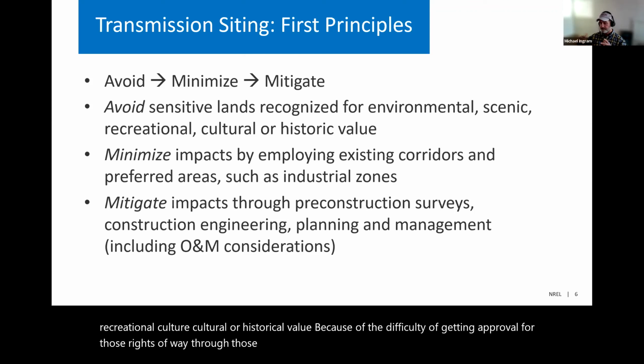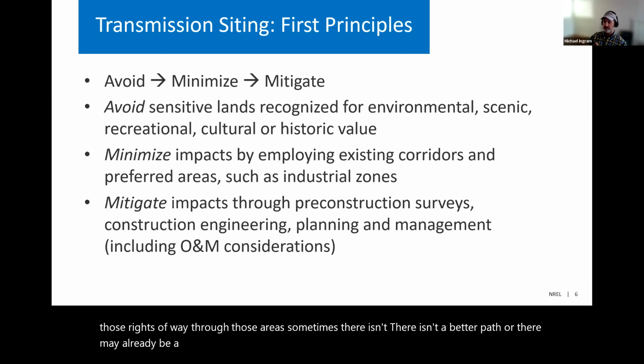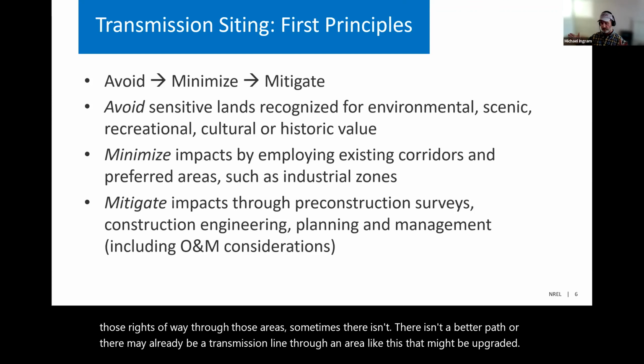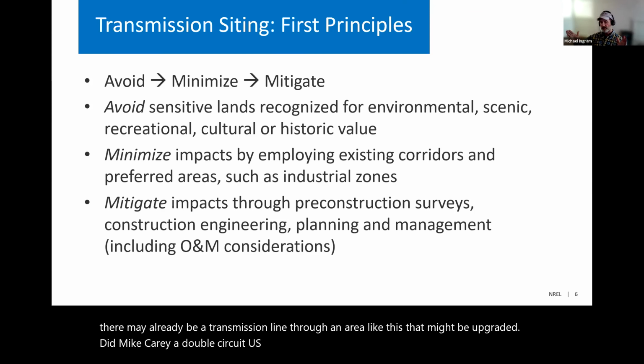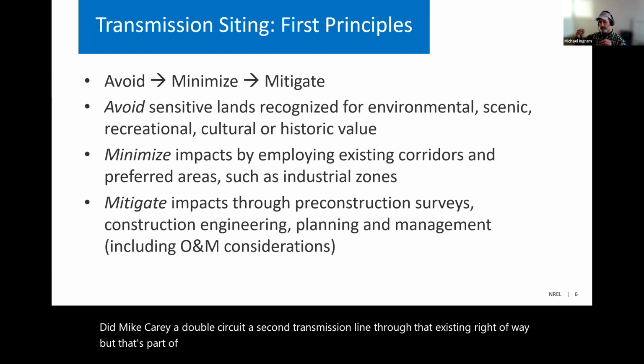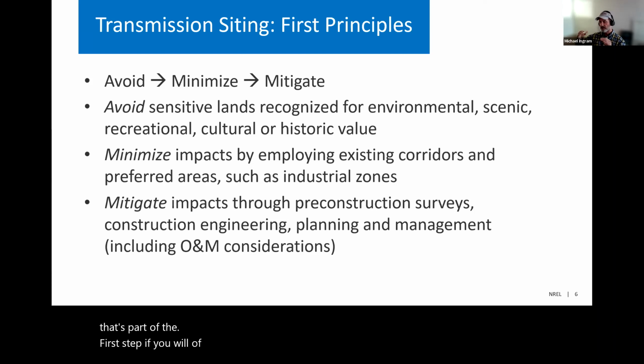Sometimes there isn't a better path, or there may already be a transmission line through an area like this that might be upgraded, that might carry a double circuit, a second transmission line through that existing right of way. But that's part of the first step, if you will, of transmission siting.